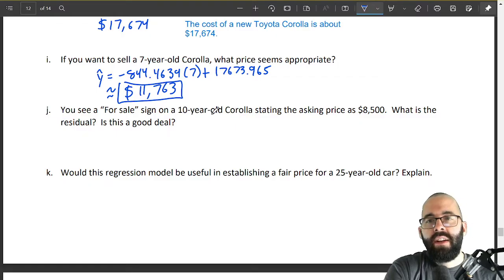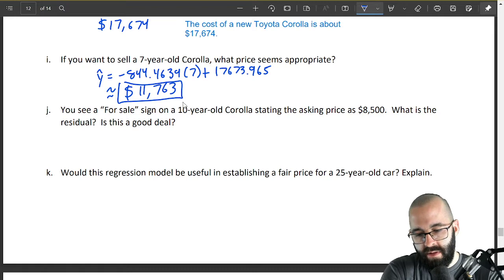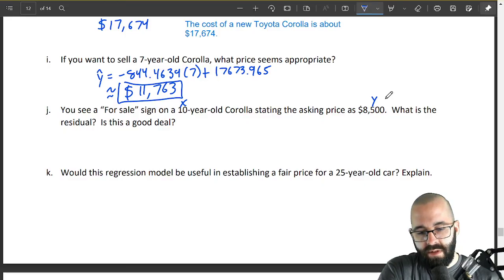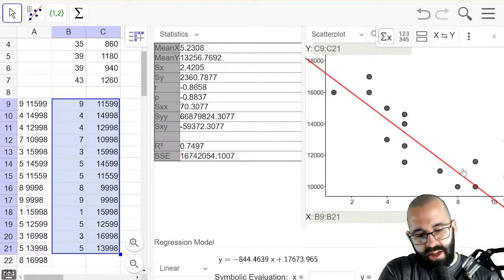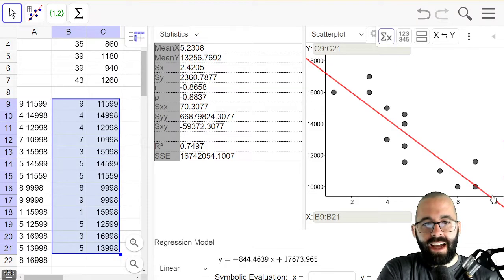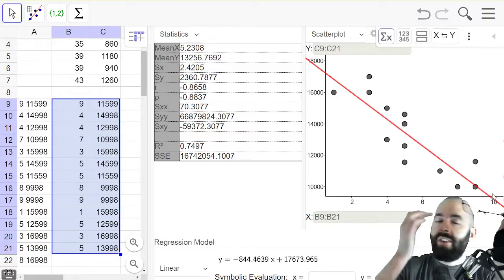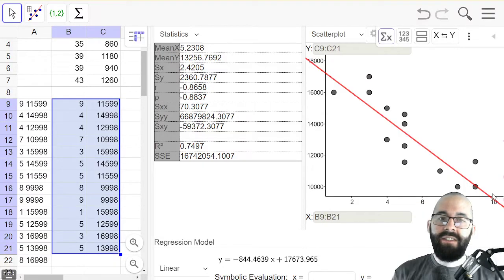You see a for sale sign on a 10-year-old Corolla with an asking price of $8,500. What's the residual? Well, 10-year-old, all right, it's outside of our data set. Outside of our data set, we're extrapolating now.